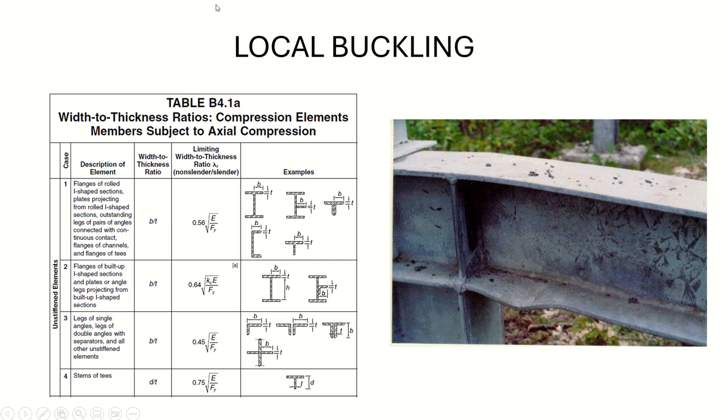Then we have the local buckling, and you can find these equations or these limits in Table B4.1a of the code in the stability chapter. There is not too much to review here, just the slenderness limit.